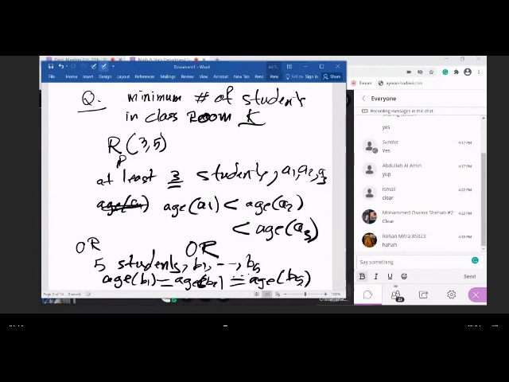What is the minimum number of students where this statement will be correct? That I need at least 3 students, named A1, A2, A3, where the age of A1 is less than the age of A2, less than the age of A3, or 5 students where the age of the first equals the age of the second, till I reach the age of the fifth one.